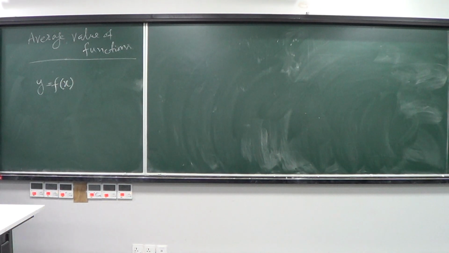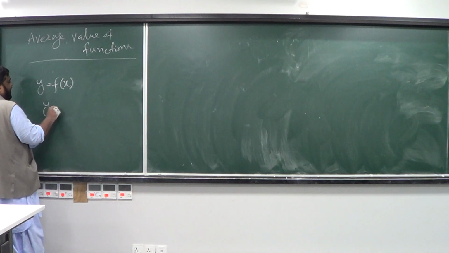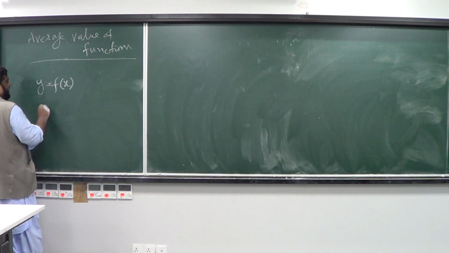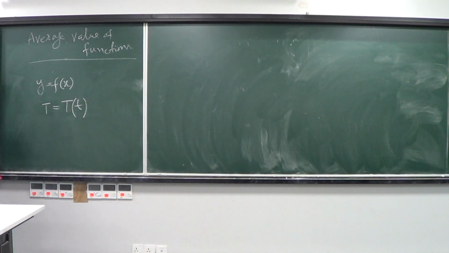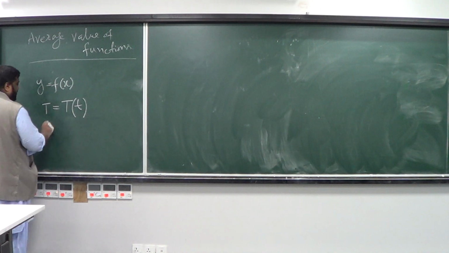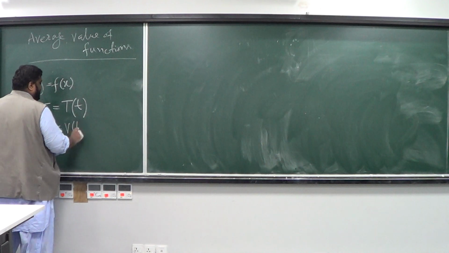You can have anything. So you can have, for example, a function T equal to temperature at time t. Or you can have, say, a function that represents v equal to velocity.